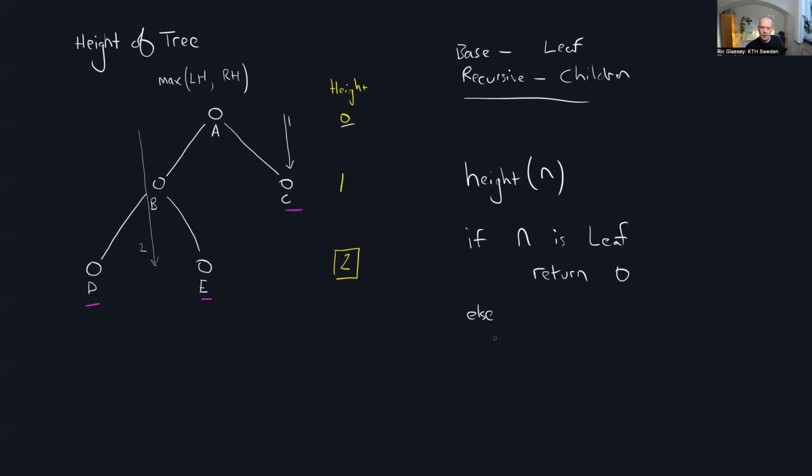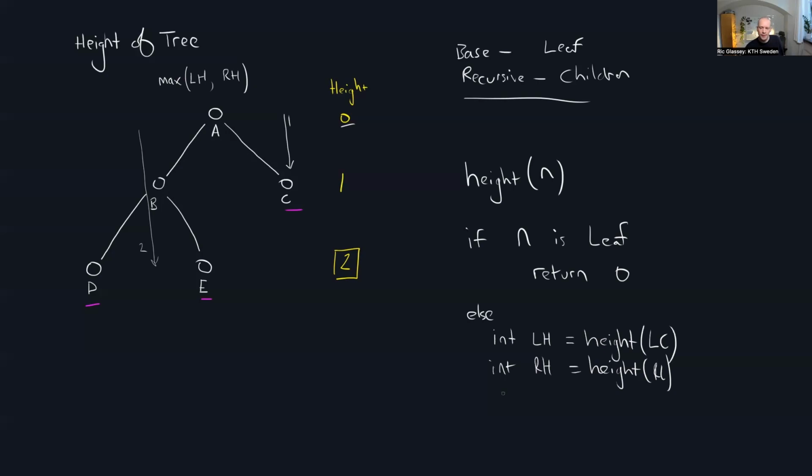So we can calculate the left height, which will basically be to keep recursively calling height on the left child. So just keep going down here. And we can also do the same for the right. We're still not completely there yet, because what we're missing is something counting.